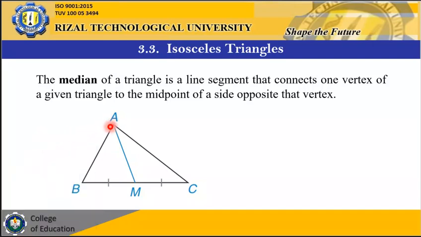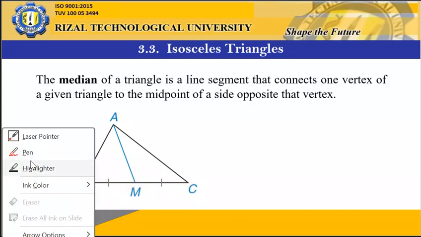In this example, A is the vertex, the side opposite to the vertex is segment BC, and the midpoint of segment BC is point M.